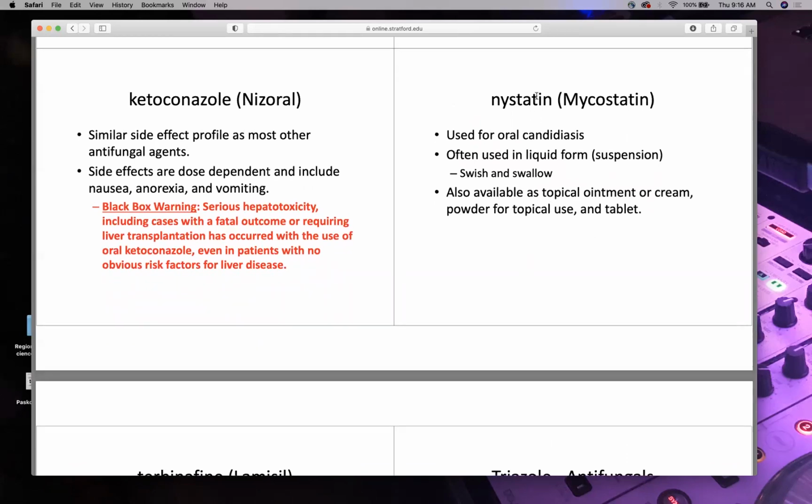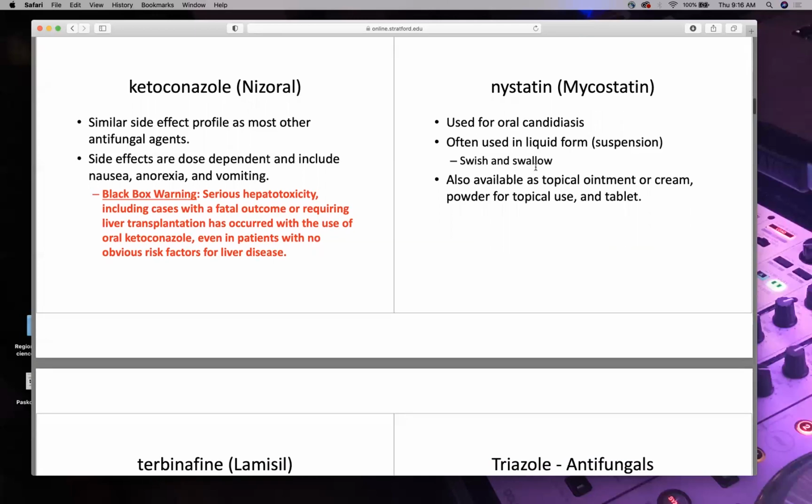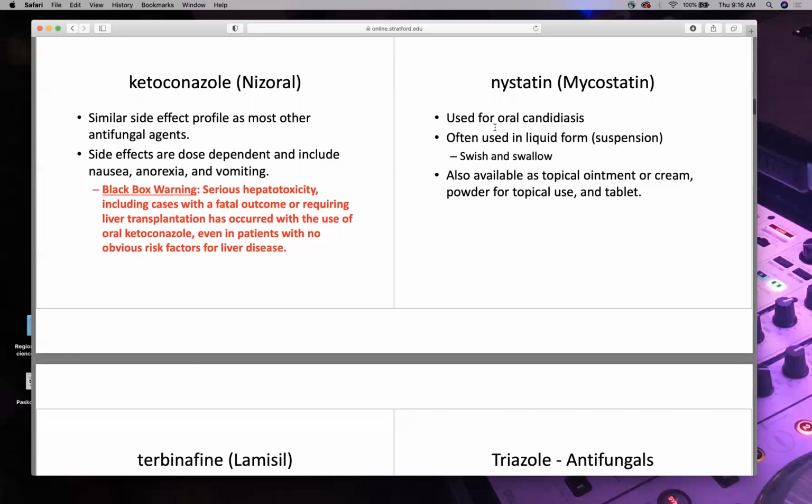Mycostatin, also nystatin. And remember, if it's in parentheses and it starts with a capital letter, that is its proprietary name, or brand name. The generic is the lowercase one without the parentheses, okay? And nystatin, mycostatin's good. It's used for oral candidiasis.